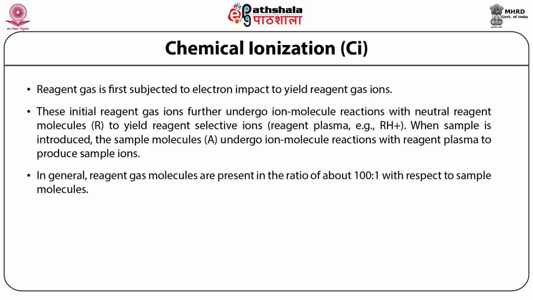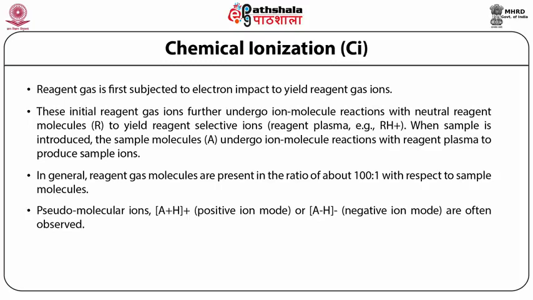In general, the reagent gas molecules are present in the ratio of about 100:1 with respect to sample molecules. Pseudomolecular ions, that is A plus H plus, or protonated molecular ions, you may say, in positive ion mode, or AH minus in negative ion mode, are often observed.